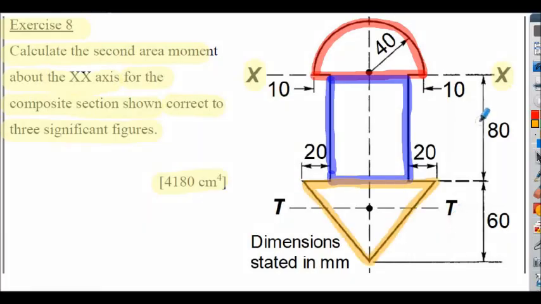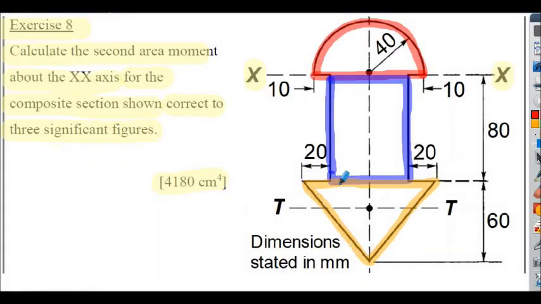So we need to calculate the properties of the various shapes using our standard table, which I'll show you on the following slide. So for the semicircular section, we can work out the second area moment about its base, xx, using our standard formula. We can do the same for the rectangular section, work out the second area moment about its base on xx.